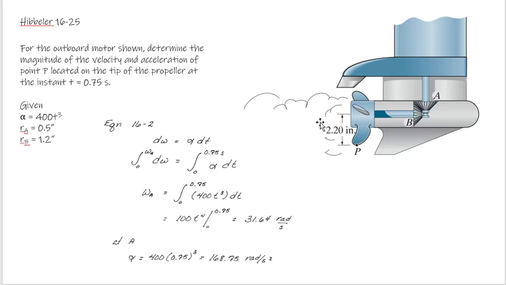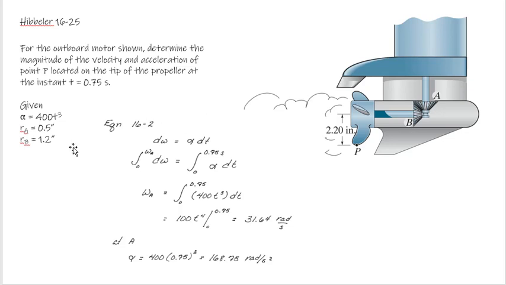Because this is 16-25, you know how the problems work in this book. This is a related problem to 16-24, and 16-24 actually gave us some information that the angular acceleration is 400 t cubed, and we're given the dimensions of RA and RB.